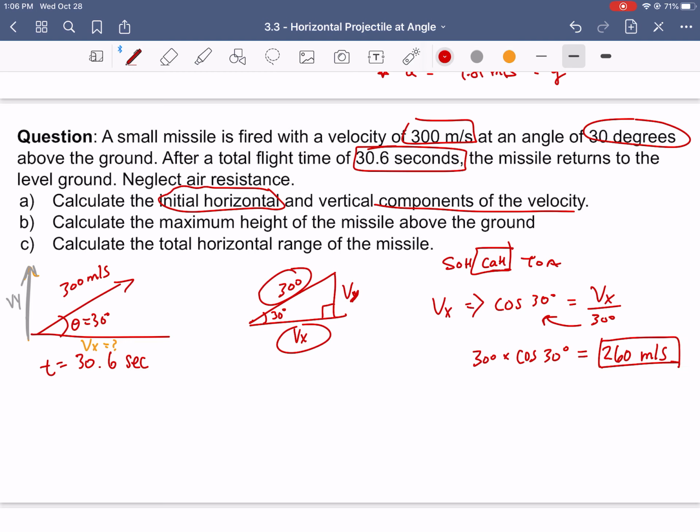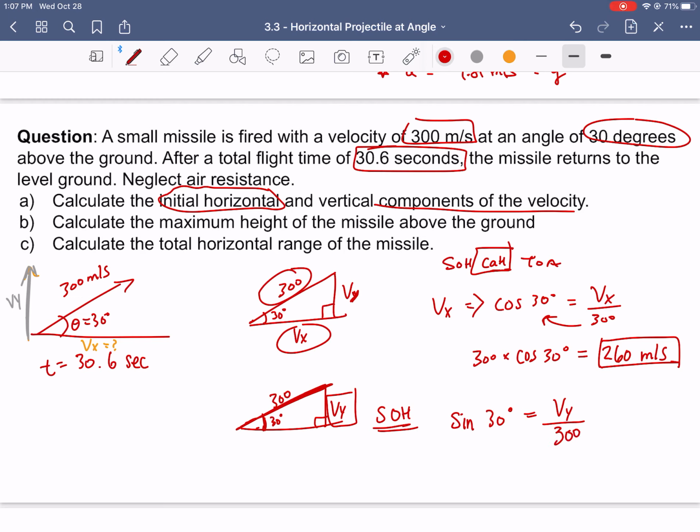Now, in order to get Vy, there's 300 and this is 30 degrees. The Vy component is opposite that 30 degrees, and the 300 is the hypotenuse. So in this case I have to use sine. Sine of 30 degrees is equal to Vy over 300.